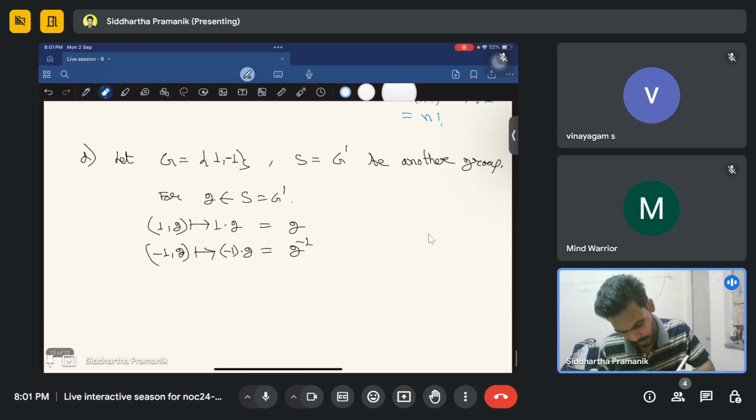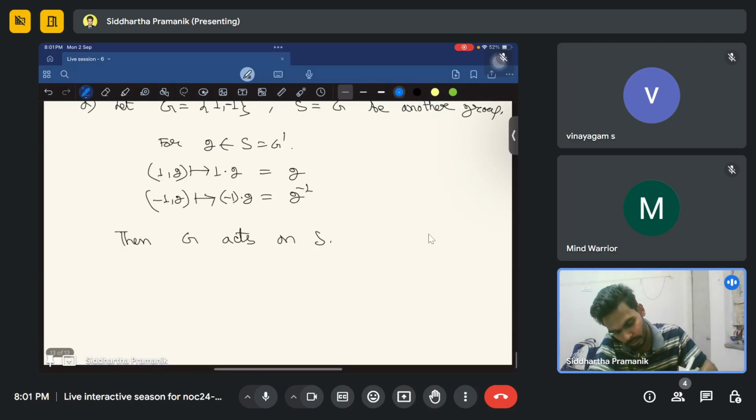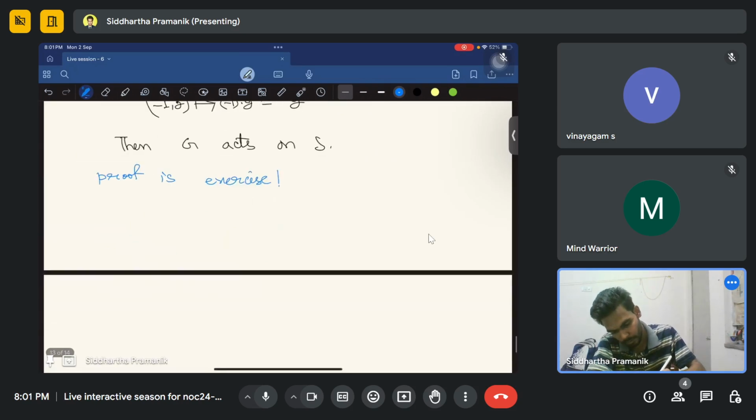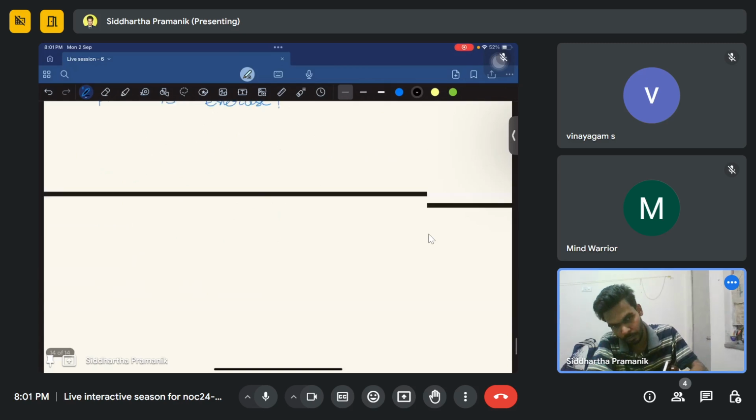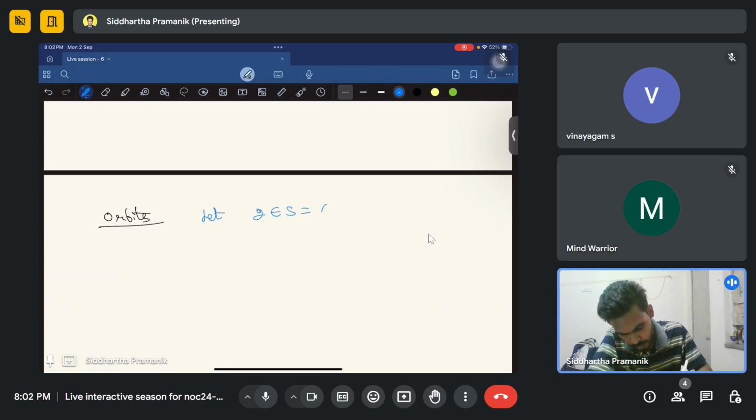Okay, so I hope this function is clear. So then G acts on S. The proof is very easy, you can check. So my interest is only in the orbits. So what are the orbits? So let g belong to S, which is G prime.